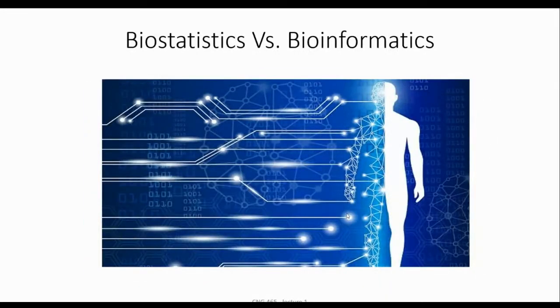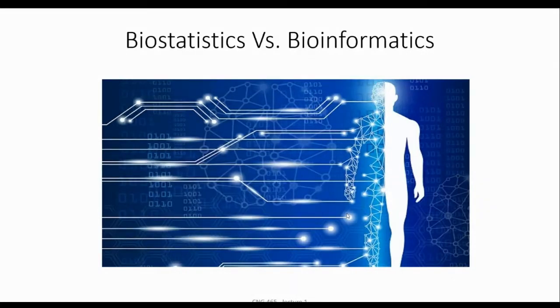A frequent question we receive is how related bioinformatics is to biostatistics and how we can distinguish between them. As I mentioned, statistics is about collecting your data, summarizing them, analyzing them, and reporting them. And whenever we apply this to biological data, we call it biostatistics.